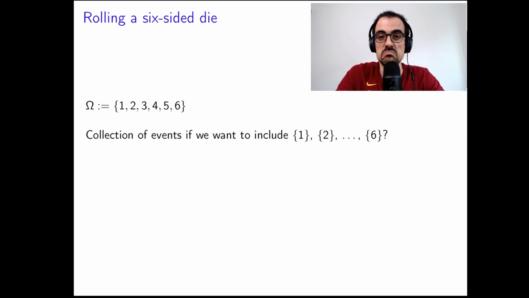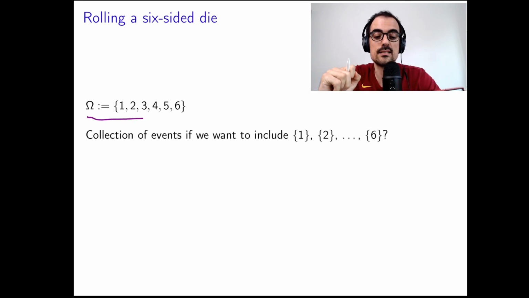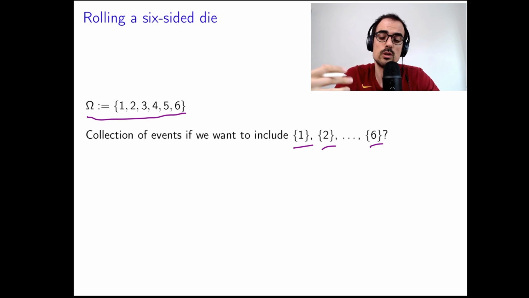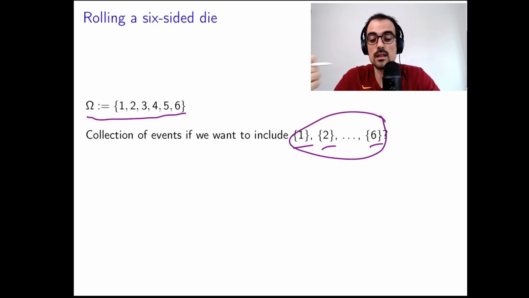Just as an example, we have rolling a six-sided die. This is the sample space. So what does the collection of events look like if we want to include every individual roll? Well, we're going to have to include all the possible unions of these guys. So that's going to be 1 and 6, 1 and 3, 1, 2, and 3, all the possible subsets of the sample space, essentially.